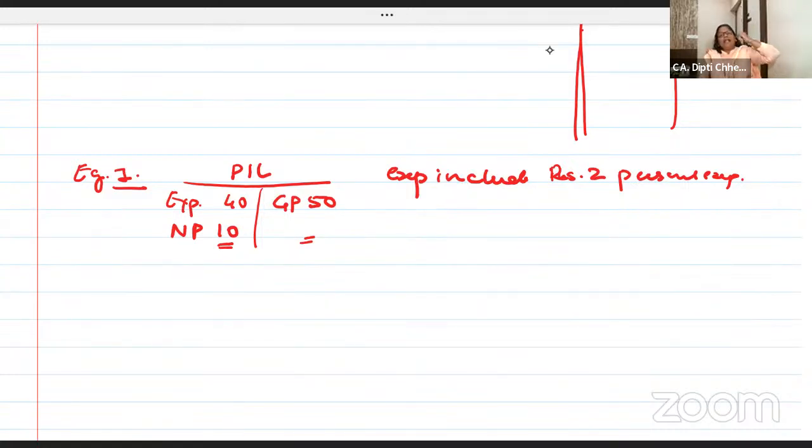Or my personal LIC is also paid through the same agent who is doing my building insurance. Okay, building insurance 8,000, take my LIC also 10,000, 18,000, I gave a single cheque, debited in the P&L. Arey, your personal LIC is your drawings, not building insurance. So expenses include 2 rupees personal expense.